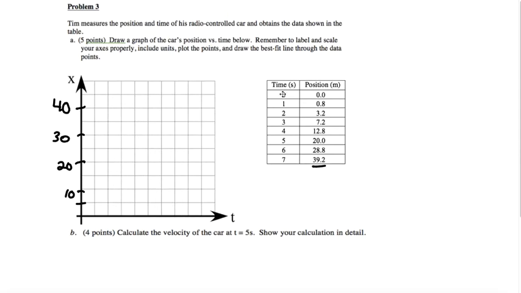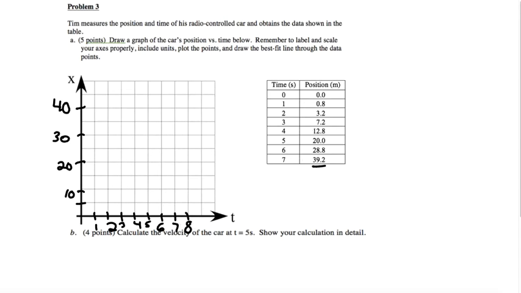Alright, for time, we have 7 seconds in total. There's not too many boxes, so I'm just treating each box as a second. So 1, 2, 3, 4, 5, 6, 7, 8.